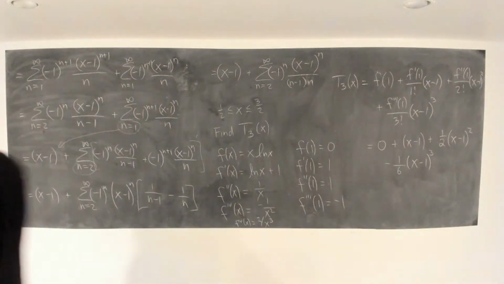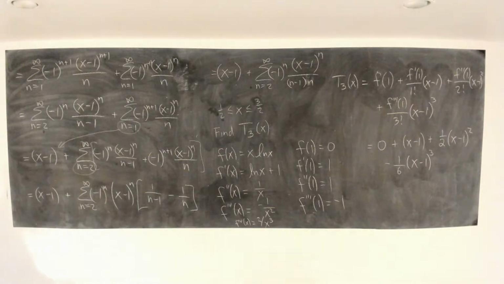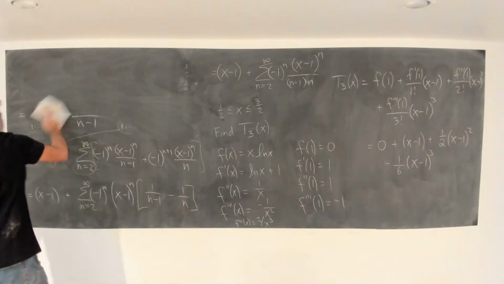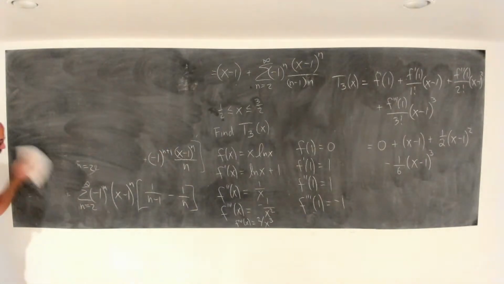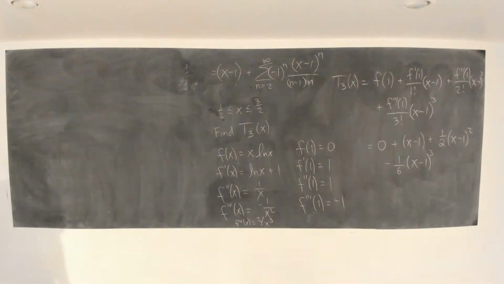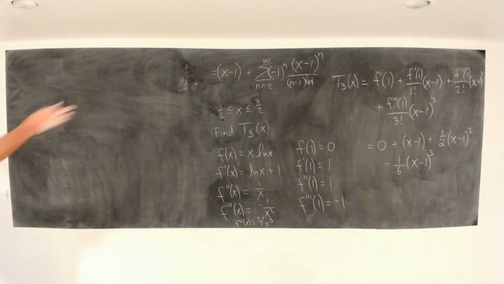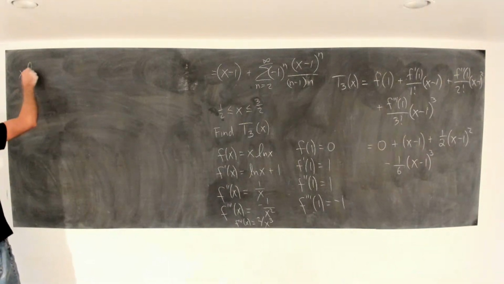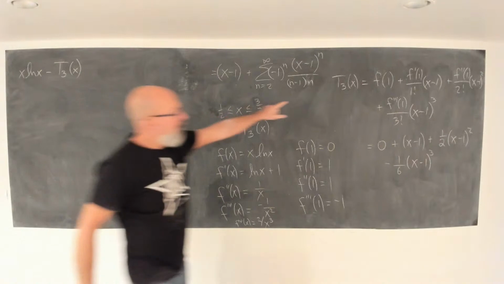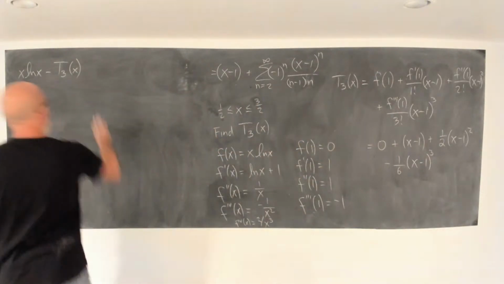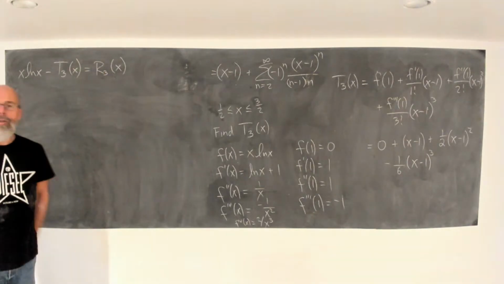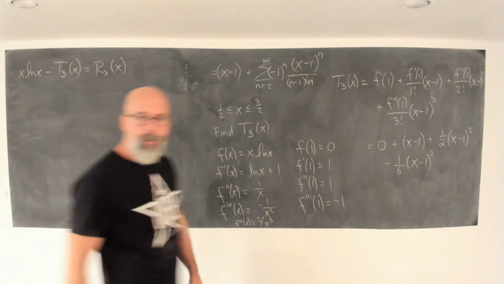Now, what was the question asking? Estimate the accuracy in using this to approximate. Right? So your function x log x minus this is equal to your remainder, R3.